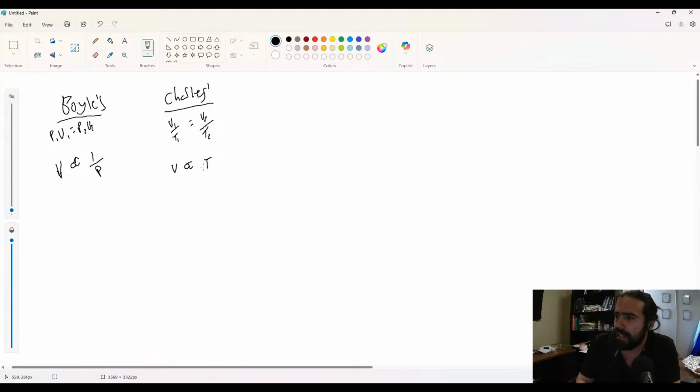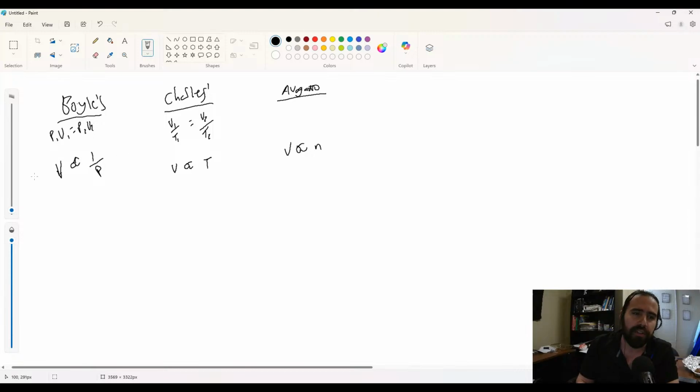Okay. The last thing that we learned about was Avogadro's law. And this also stated that the volume was directly proportional to the amount of moles of gas, which we'll represent by N. So volume is inversely proportional to pressure, directly proportional to temperature, directly proportional to moles.